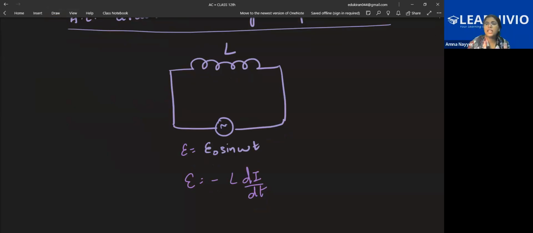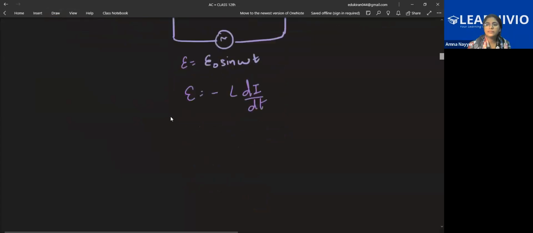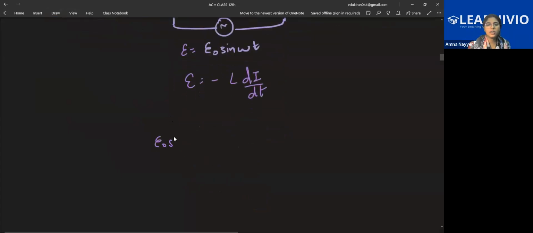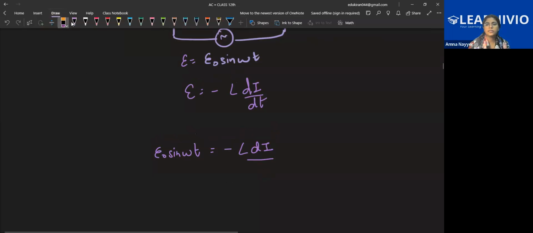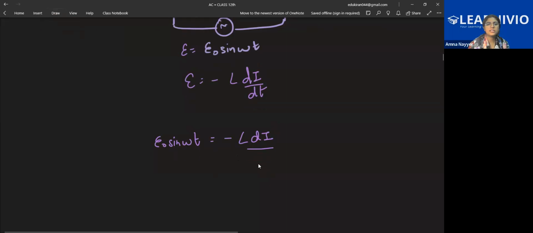Let us put the value of E. So this will be E naught sine omega t is equal to minus L di over dt. What we are going to do, we are going to keep I on one side and the rest of the terms on the other side.